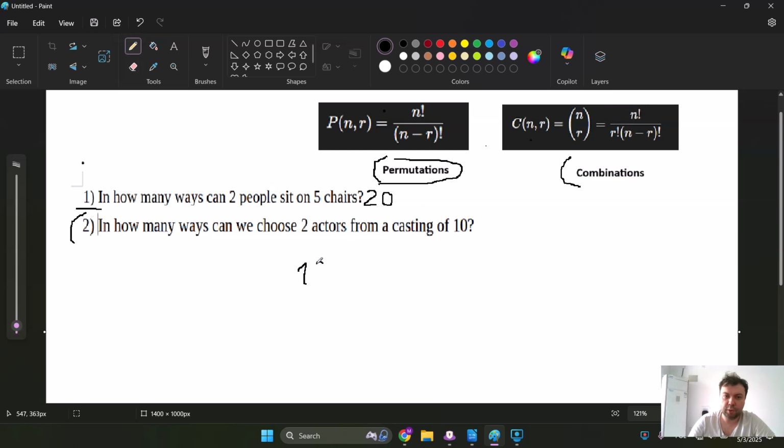So we write here 10 factorial, because a total of 10 people are taking part in the casting. We select only 2, so we write r factorial. So we write 2 factorial times n minus r. So 10 minus 2, it will be 8 factorial.